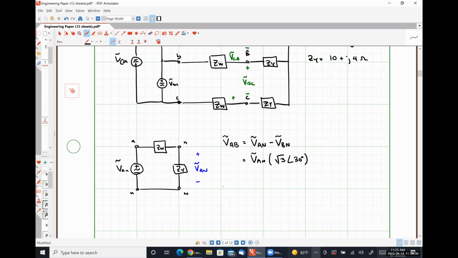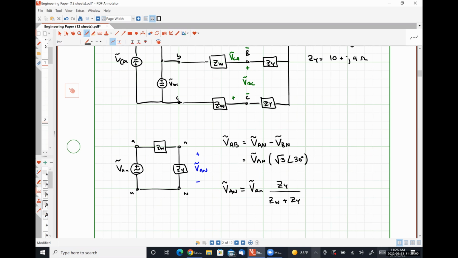So we could say that VAN with capitals, our phase voltage at the load, is VAN lowercase letters, so our source voltage multiplied by ZY over ZW plus ZY. Line voltage division around our simple single loop circuit.